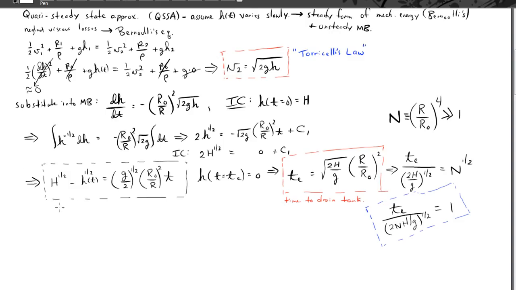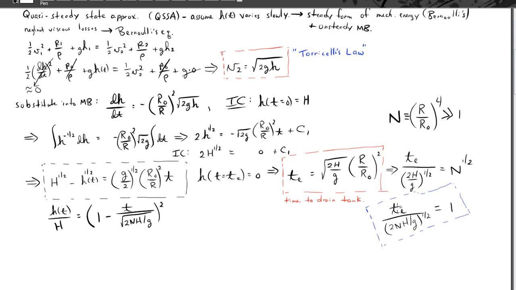If we rearrange this expression here for the height, we divide by capital H to the 1/2, then just rearrange, we find that h of t divided by capital H is equal to 1 minus time divided by the square root of 2nh divided by g squared.